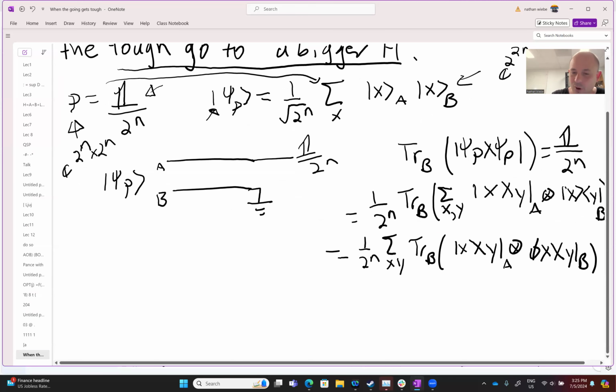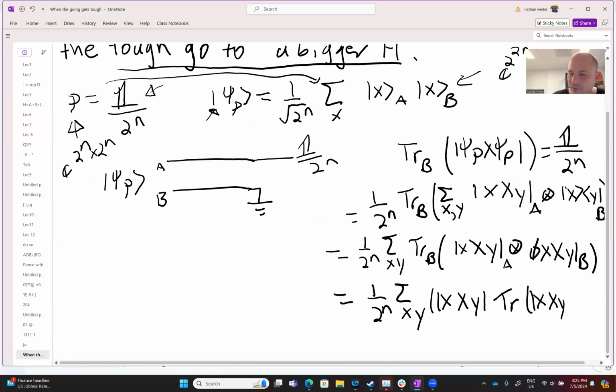Now, using the definition of partial traces, this is 1 over 2 to the n, sum over xy, x outer producted with y, times the trace of x outer producted with y.